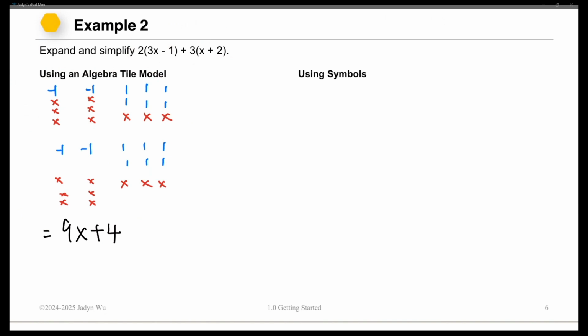For this discussion, it's the distributive method. Firstly, I will just copy the original equation here. Now, by distributing, I can distribute the 2 into the bracket and the 3 into the bracket as well.